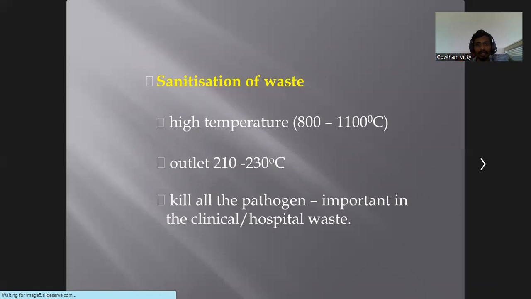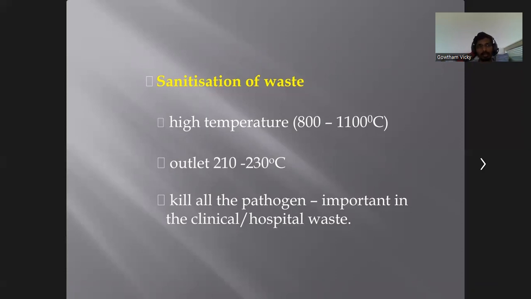Then the sanitization of waste: the temperature used in the incineration process is high, 800 to 1100 degrees Celsius. This is the high temperature sanitization of waste. Then the outlet is 210 to 230 degrees Celsius.